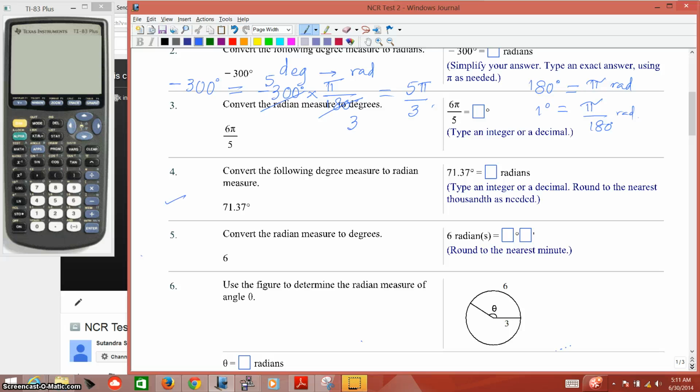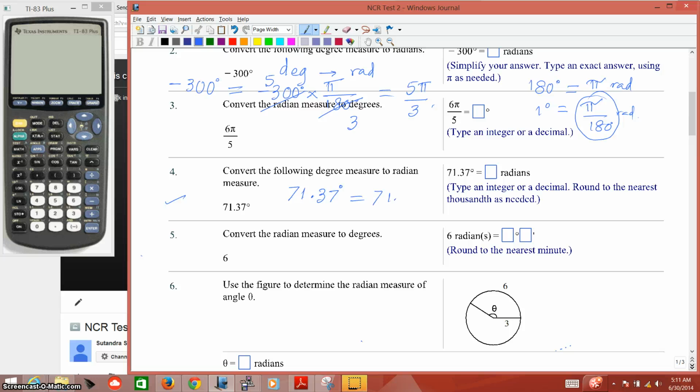There's another question similar to this one, which is not so easy to take out the common factors from, so I'm going to use the calculator this time. I have 71.37 degrees, and since I already know what the multiplier is, or I could have done one more time, starting from the very basic relationship of 180 degrees equals pi radians, and then just take out the multiplier.